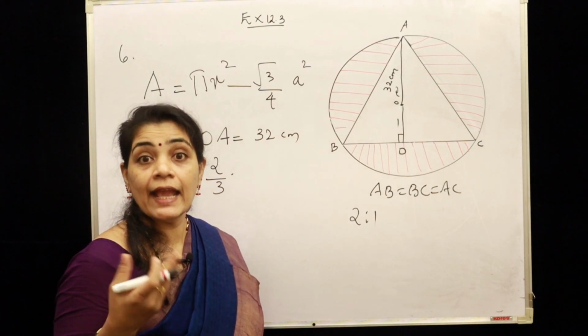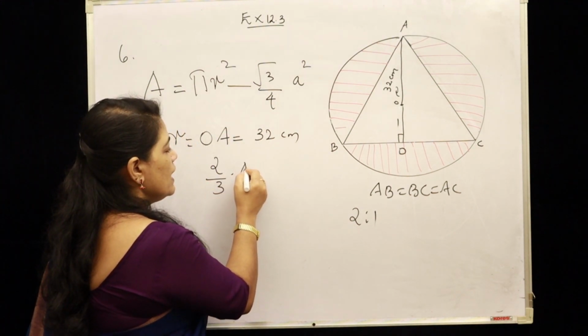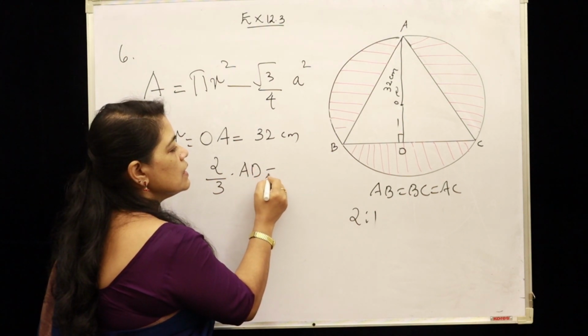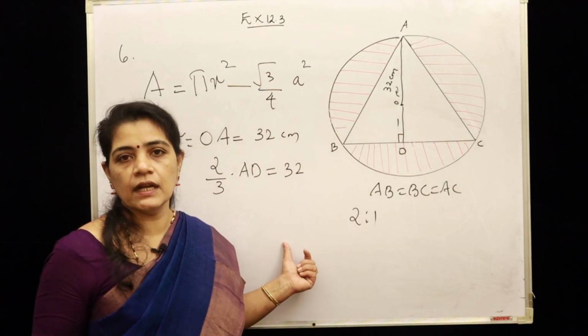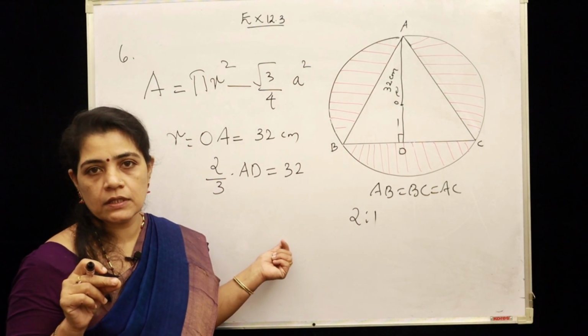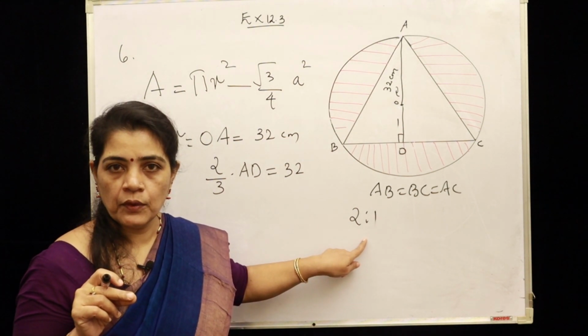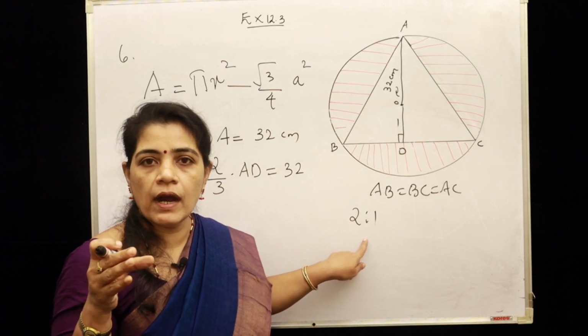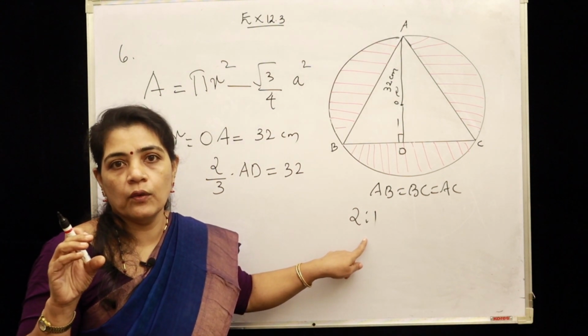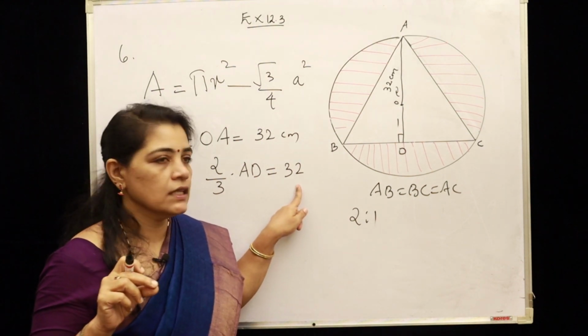What is the median? AD. Okay, AD, this is equal to 32 centimeter. I hope this step is clear. How does this 2/3 come? Because of this ratio. Out of these 3 equal parts, 2 parts are for AO, and AO is given as 32.